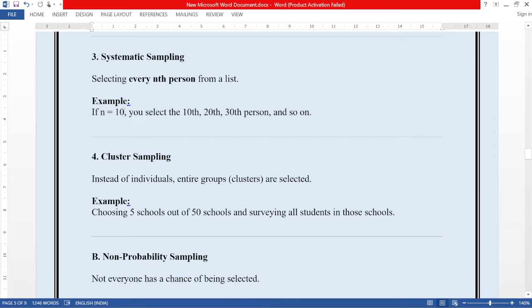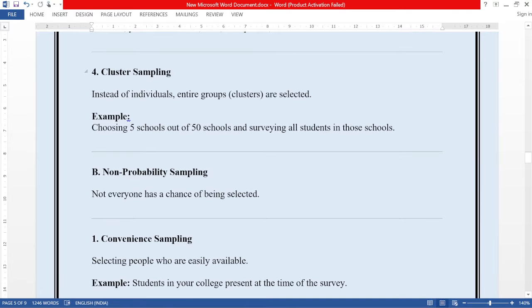Like if the population is 1000 and you want to select 100 samples, you can divide the population by the sample, 1000 divided by 100, and it comes to 10. So you will be taking every 10th member of the population. That is what is given here: 10th, 20th, 30th, and so on.